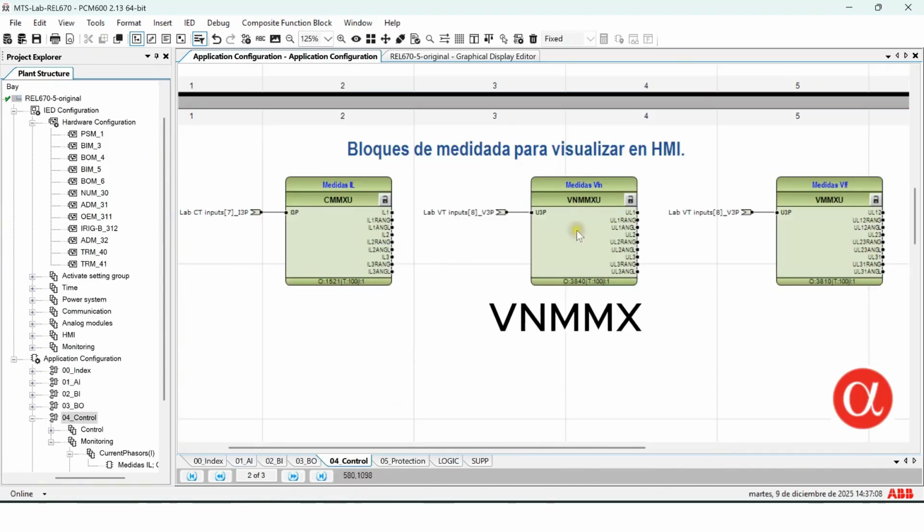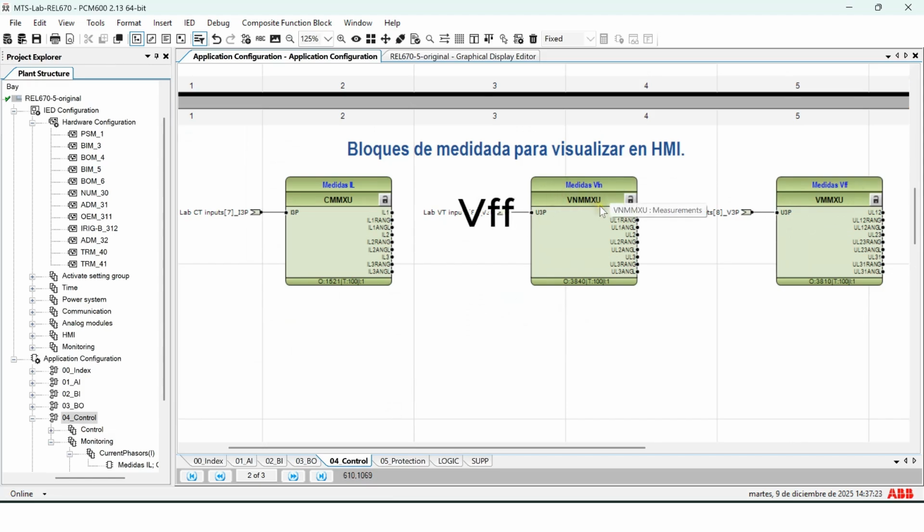The VNMMXU and VMMXU blocks automatically detect the type of signal provided at their input. This means that if a VNMMXU receives phase-to-phase voltages, the block applies an internal conversion to deliver equivalent phase to neutral values.